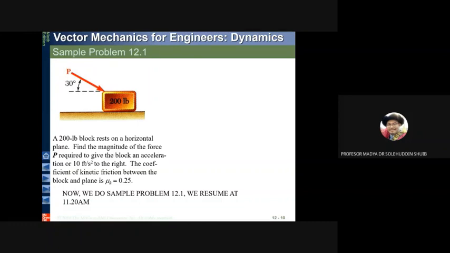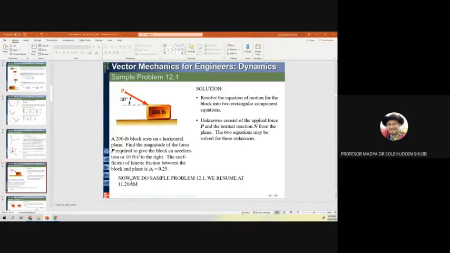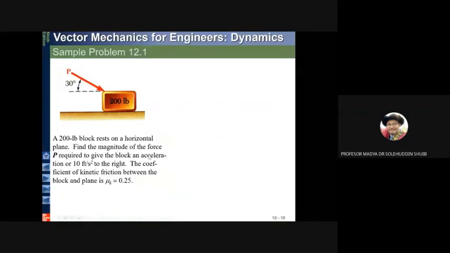For this one, it's an example. We do this example to strengthen the concept that we have learned just now.